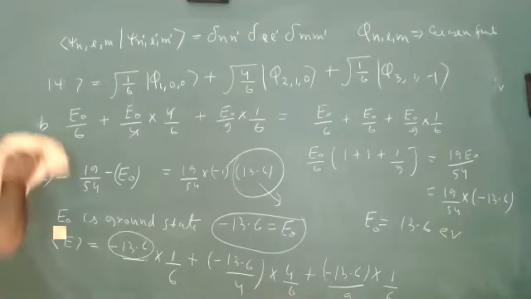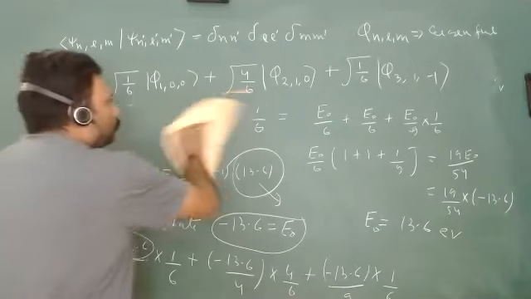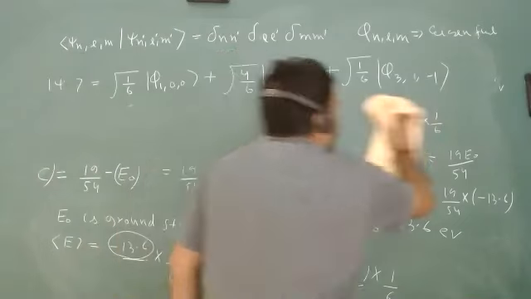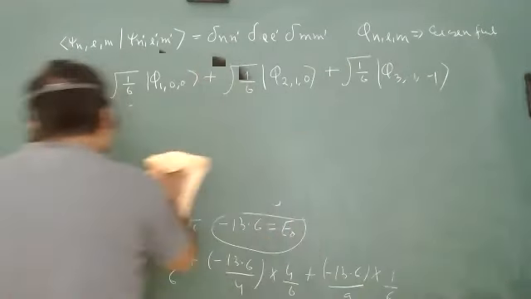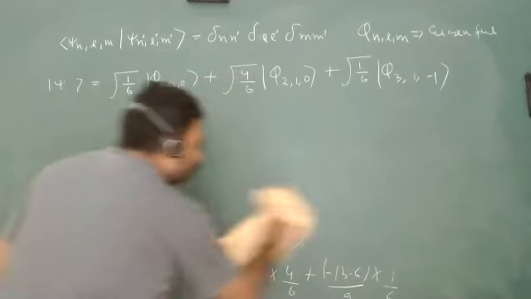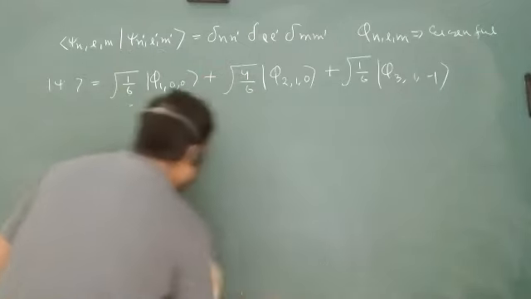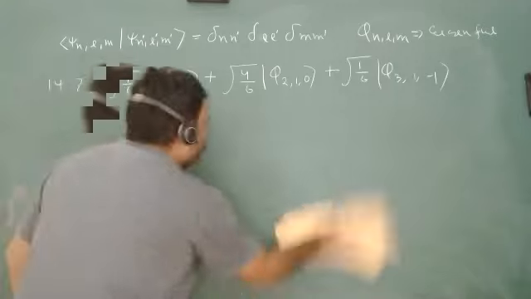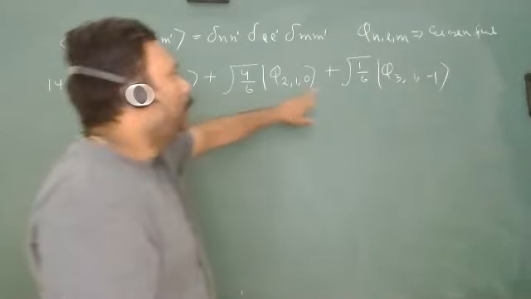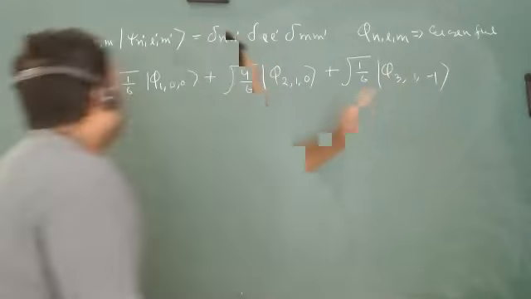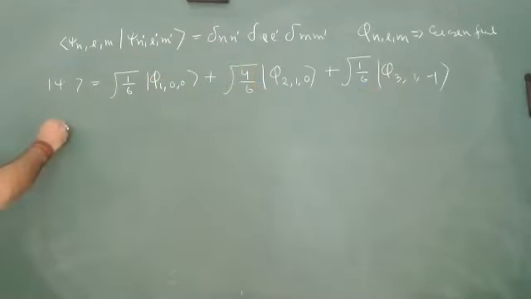Now let's go for L square and Lz. So if L square is measured, here L is equal to 0, L is equal to 1, and L is equal to 1 here. So what will be the measurement?